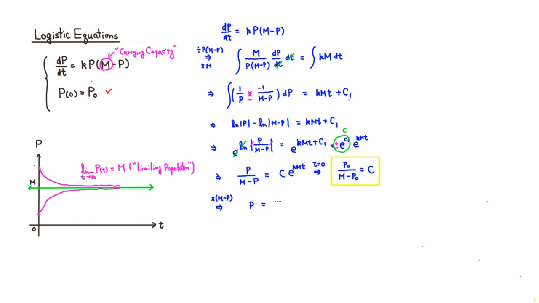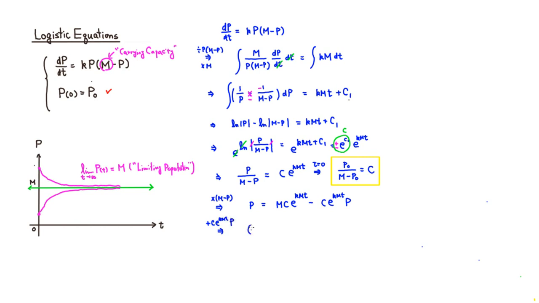Then we have Mc e to the kMt minus c e to the kMt times P. I'm going to add c e to the kMt P to both sides.